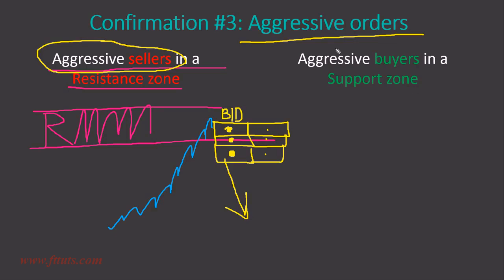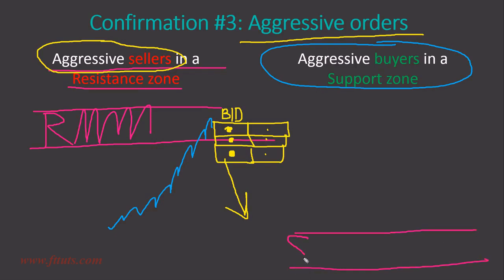Let's now cover the second scenario, aggressive buyers in a support zone. So imagine a support zone, and imagine you found this support zone, for example, using volume profile or another trading strategy, and in that support zone you want a confirmation for a long trade.